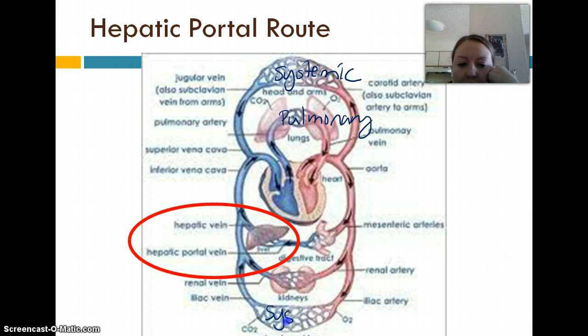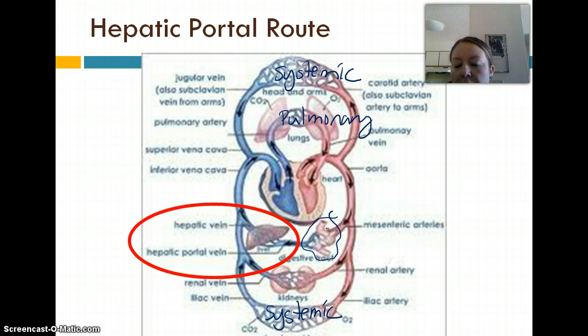Systemic is also down here with the lower portion of our body. We have some areas where the aorta branches off periodically as we go all the way through our body. The hepatic portal circulation route comes into play immediately after the aorta branches off into the capillaries of our digestive tract, in the small intestines and the stomach.